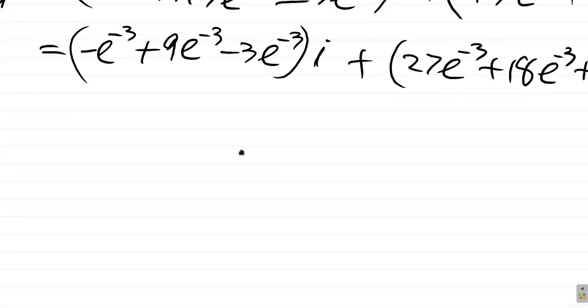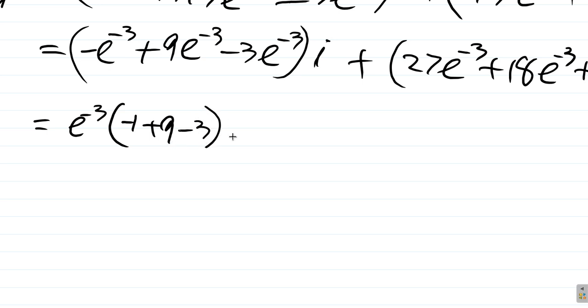Alright. So here, we can simplify it. The e to the negative 3 is common throughout. So you get negative 1 plus 9 minus 3.